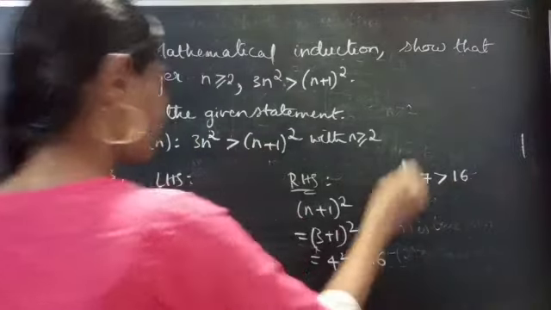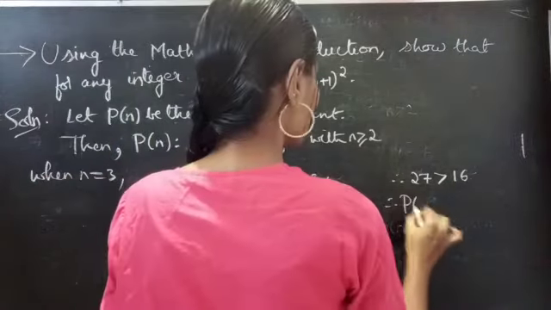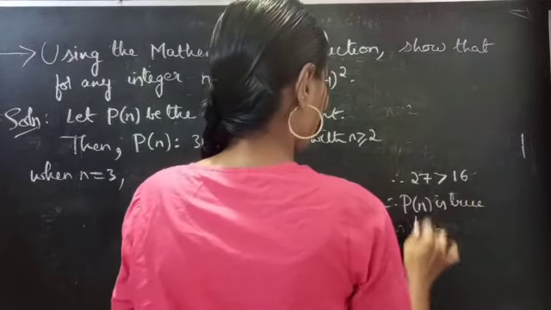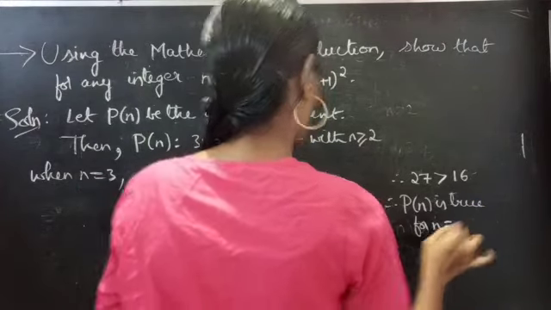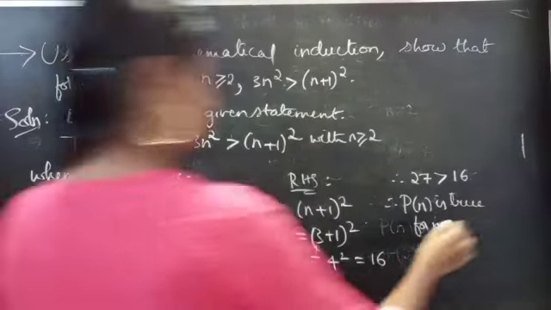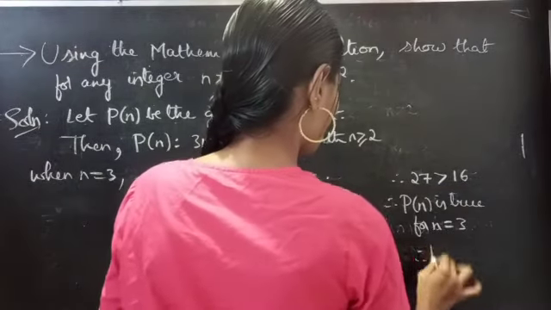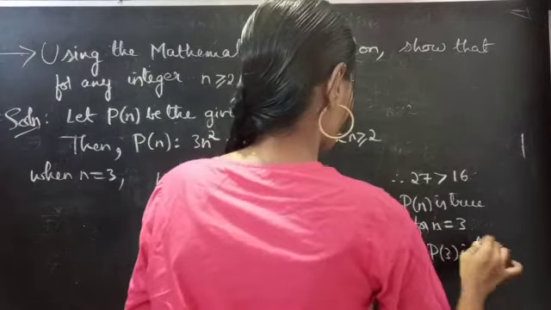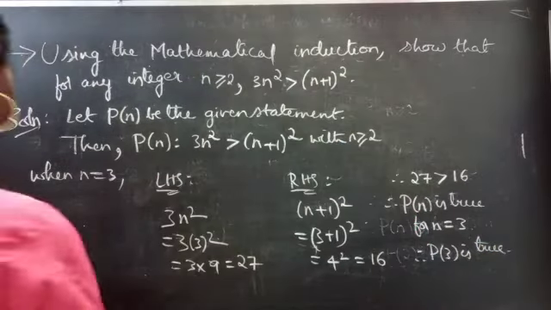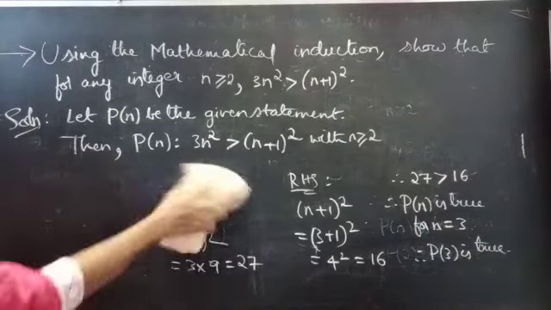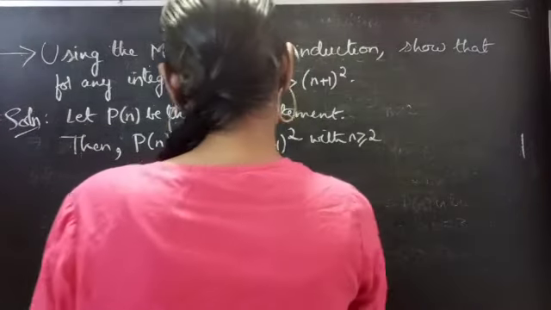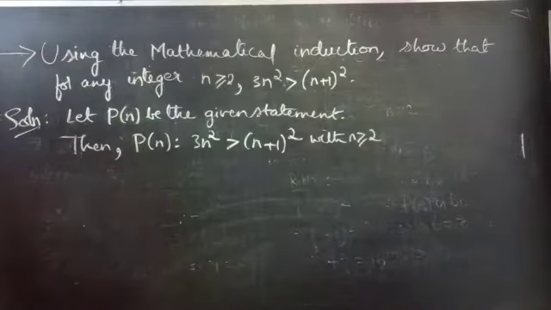So we can say that P of n is true for n equals 3. Therefore, P of 3 is true. Likewise, you can check for n equals 4, 5, 6, any number for n greater than or equal to 2.